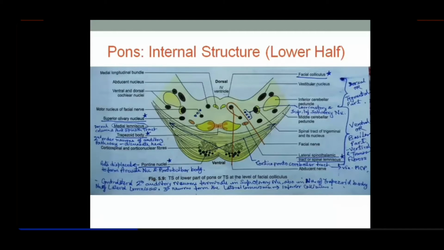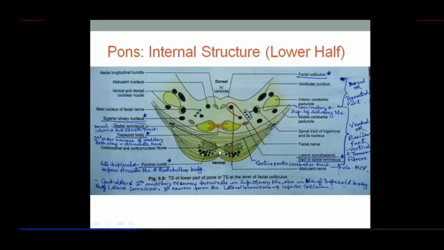So this is another important, peculiar feature of the pons: this basilar or ventral portion is not seen in the medulla, nor in the upper portion, the midbrain. So let's study this basilar portion, which will be the same in the two sections.